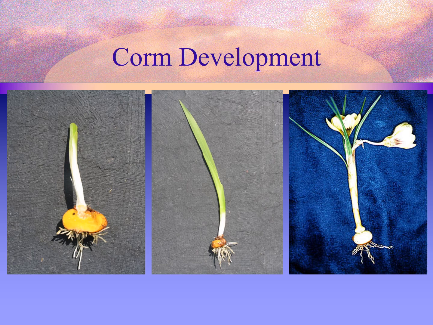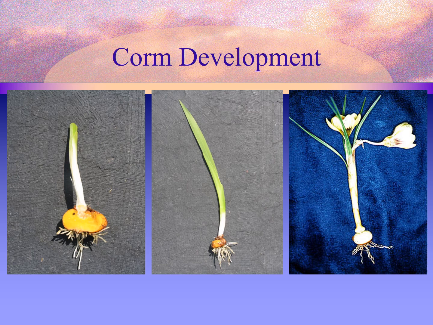What you're looking at in the far left picture is the spring planted corm, and you can see that it has developed a shoot. The tip of that shoot is starting to green up, so that's where the shoot punctured through the soil surface and was exposed to sunlight. And at the bottom of the corm you also see some roots that are starting to develop.